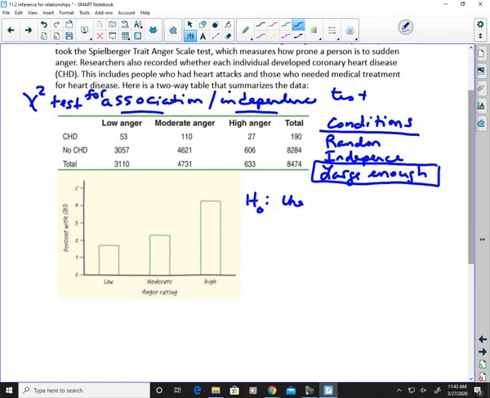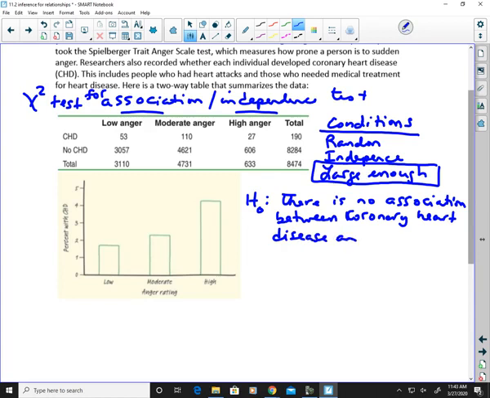Okay, so there is no association between coronary heart disease and anger.